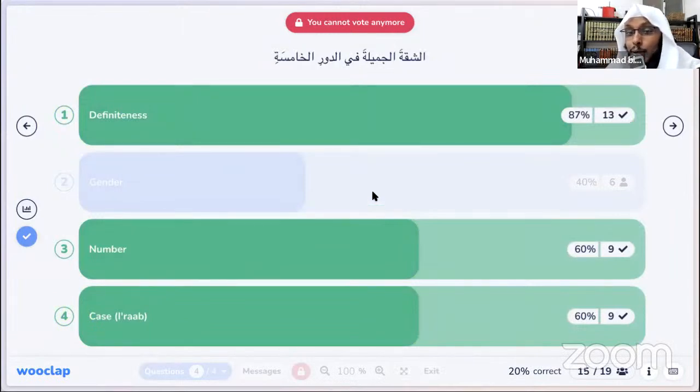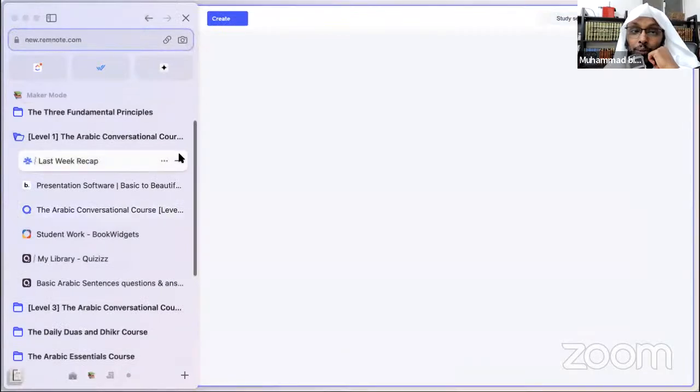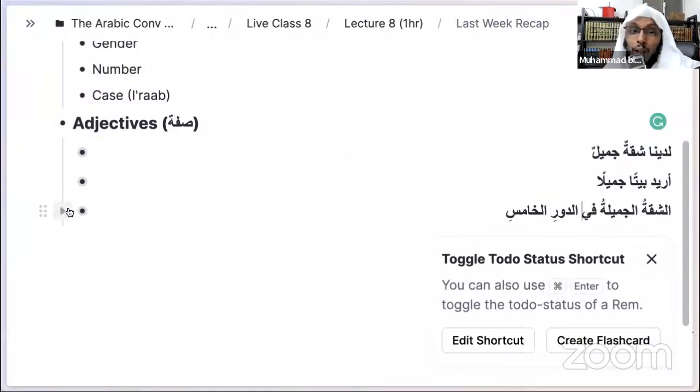The answer here is that, alhamdulillah, it seems to be okay, because I think about 40% of you said there is no agreement here, which is good. Look, here we have two sets of adjectives and nouns. الشقة الجميلة.